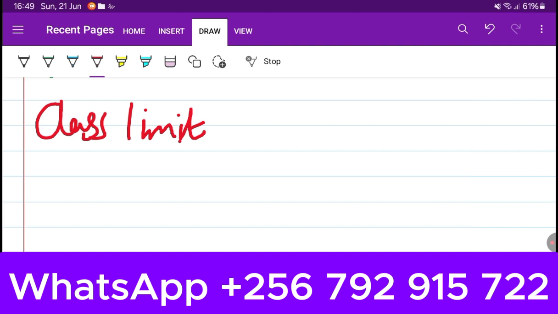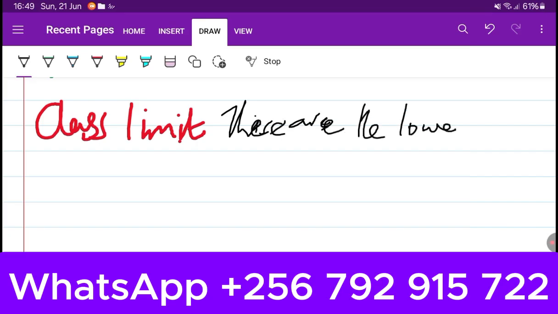Let me write it: these are lower and upper values.